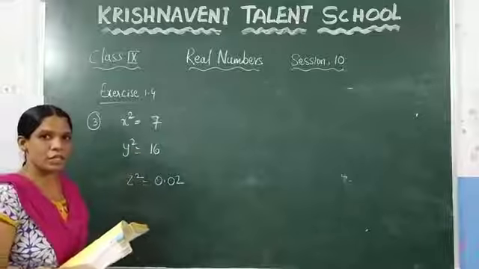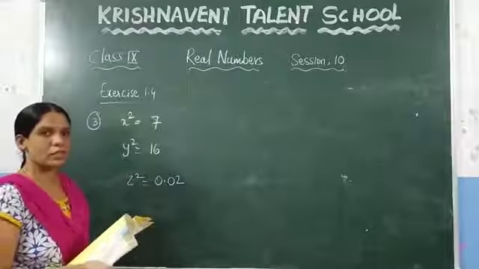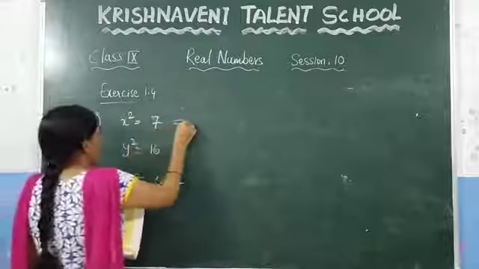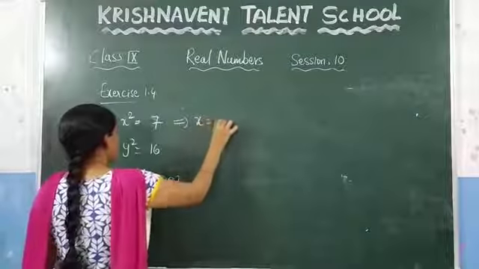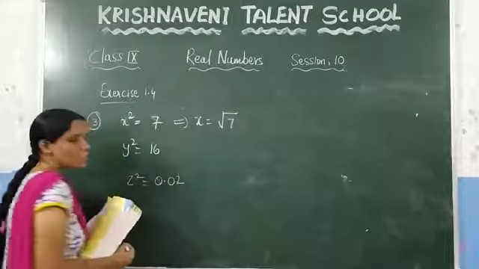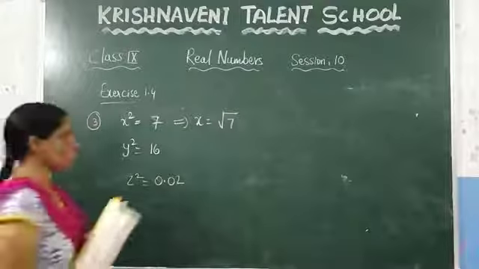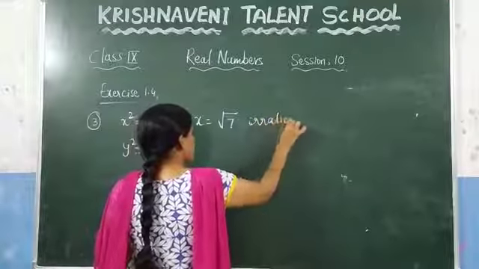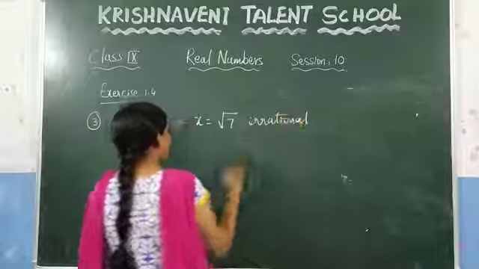You need to find the value of x so that you can say whether it is rational or irrational. If x square is equal to 7, then x is nothing but root 7. And you know that root 7 is an irrational number because we cannot simplify this root. So it is an irrational number.